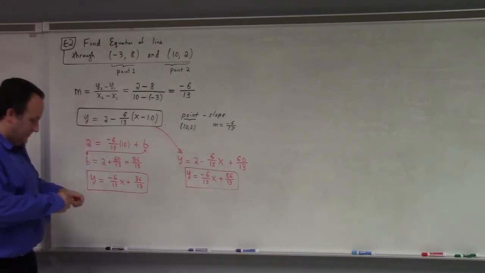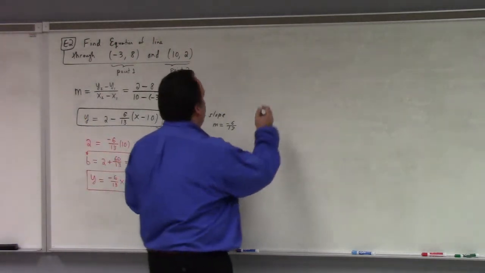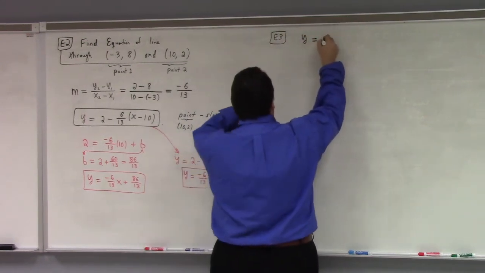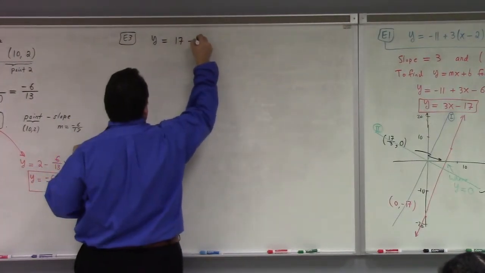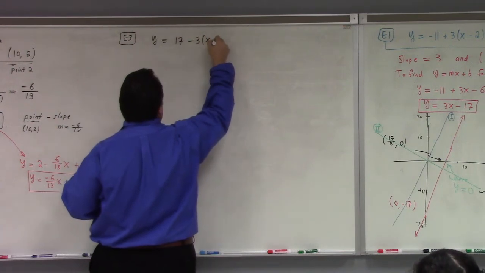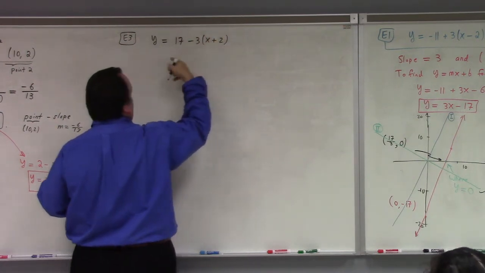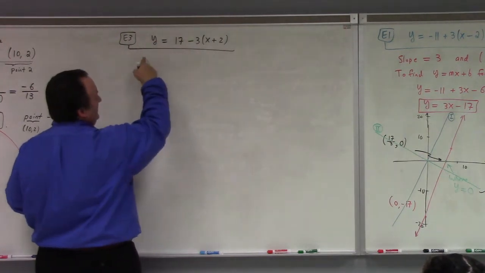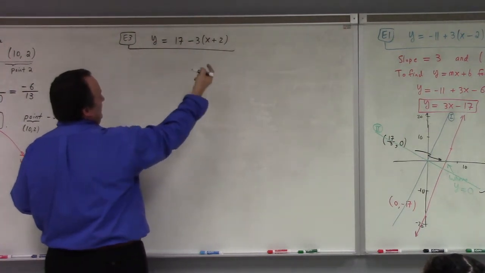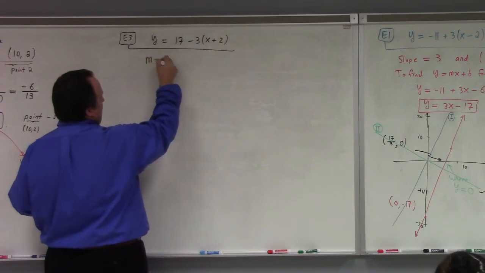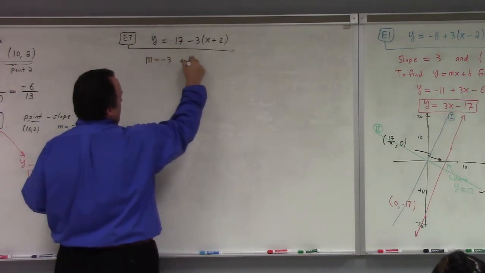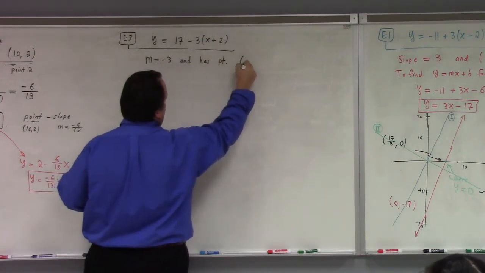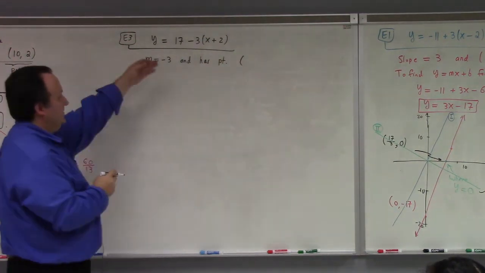Here's another example. If I have y equals 17 minus 3 times x plus 2, I'm not trying to beat a dead horse here, but what can you tell me from that equation? I can immediately tell you the slope is minus 3 and it has a point, what point is on that?